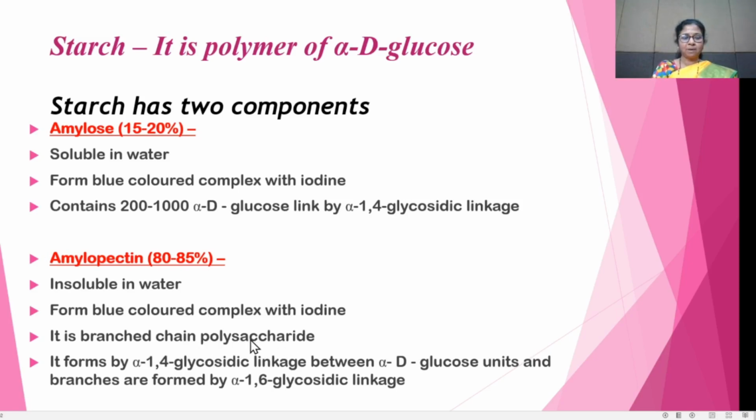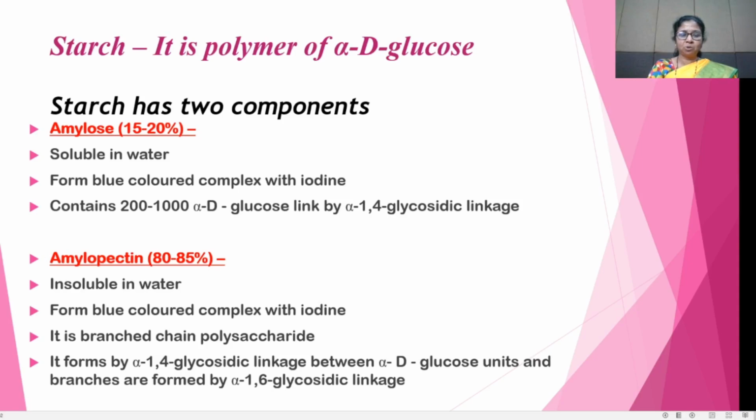It is formed by alpha 1,4 glycosidic linkage between alpha D glucose units, and branches are formed by alpha 1,6 glycosidic linkage. That means starch has two components, amylose and amylopectin.